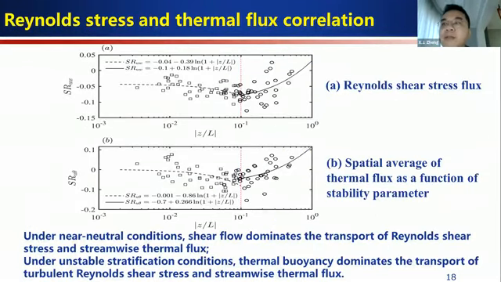Correlation between Reynolds stress and thermal flux shows that under near-neutral conditions, shear flow dominates the transport of Reynolds shear stress and streamwise thermal flux, while under unstable stratification conditions, thermal buoyancy dominates the transport.